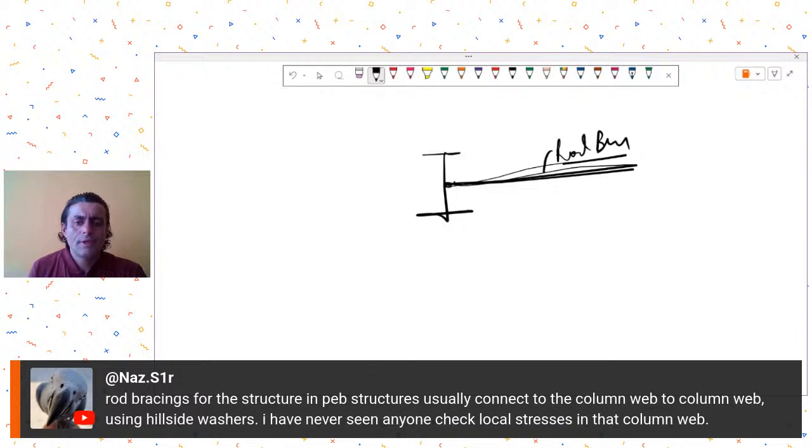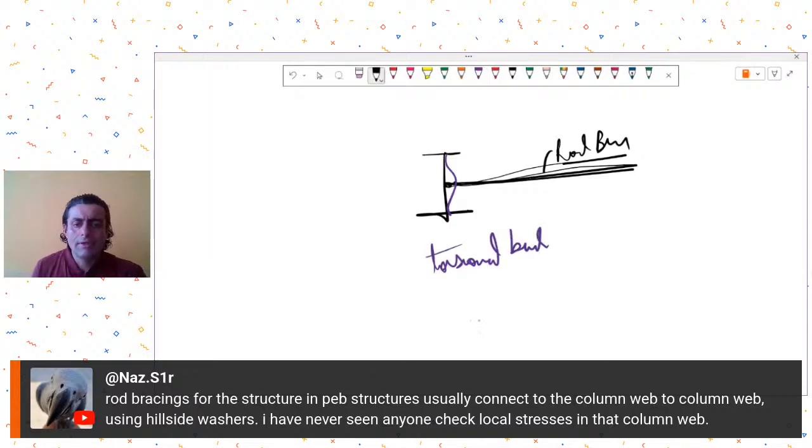Now, checking for local stresses, I do agree that nobody checks it, because there might be situations where this type of a deformation may happen. And there is another problem that may occur, which is called the torsional buckling of column.